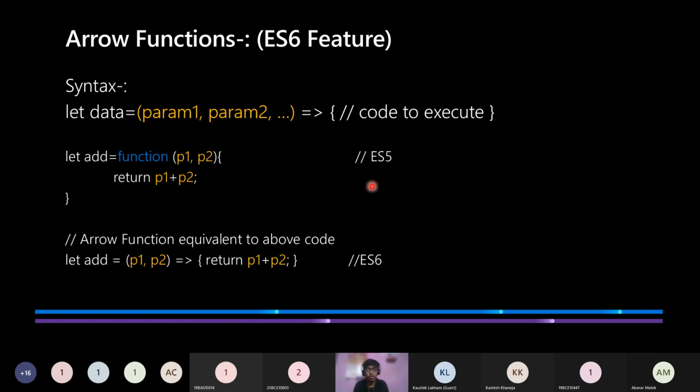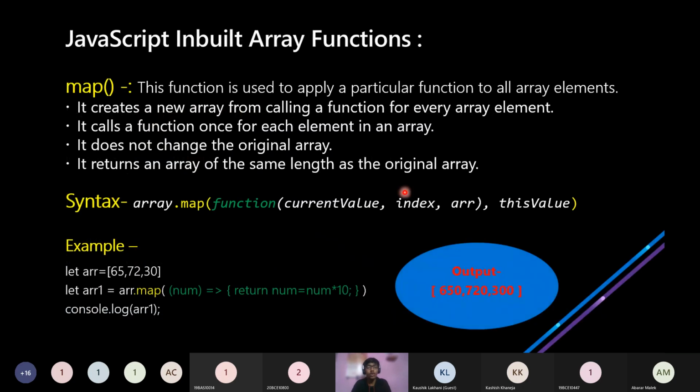Now, before moving on to the demo for arrows, let's discuss some more functions that we have, the inbuilt functions for array modification and the most common ones that we use. So the first one of them is the map function. The function is used to apply a particular function to all array elements, right?